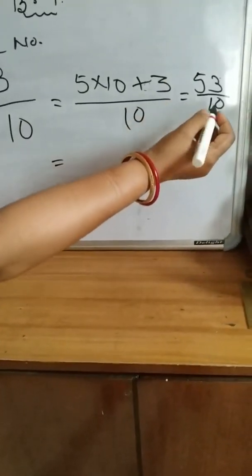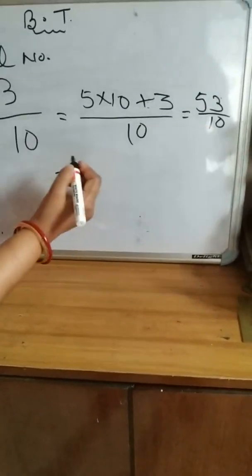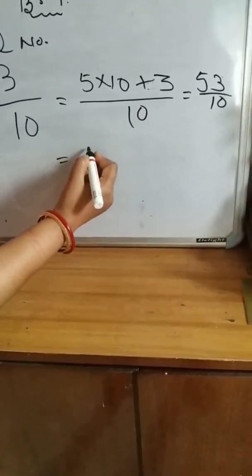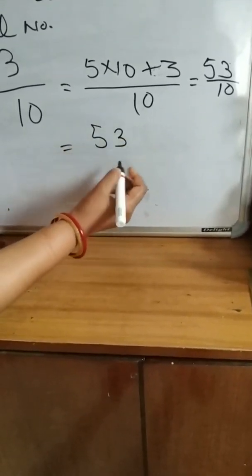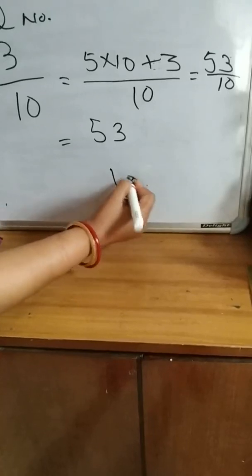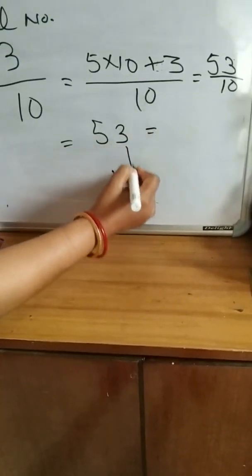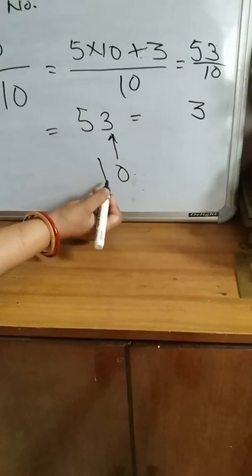Whenever a number is divided by 10, the decimal point will be moved. Here all of you see, that is 53, and here 10. 10 has one 0, so the decimal point moves one place.